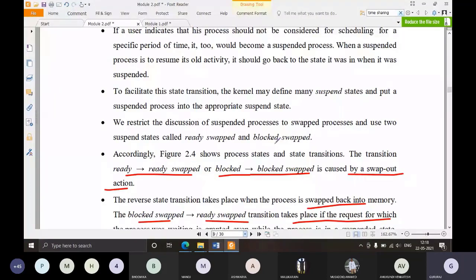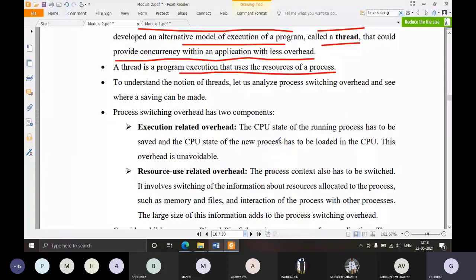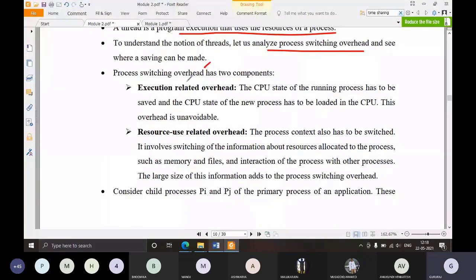To understand the notion of a thread, let us analyze process switching overhead and see where the saving can be made. Process switching overhead has two components. One is execution related overhead: the CPU state of the running process has to be saved and the CPU state of the new process has to be loaded.